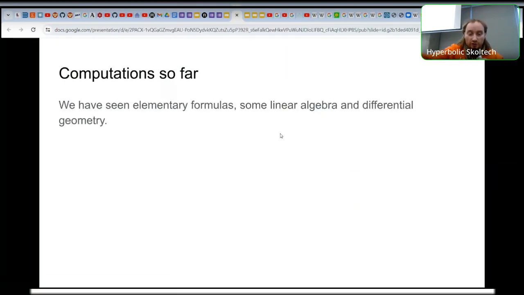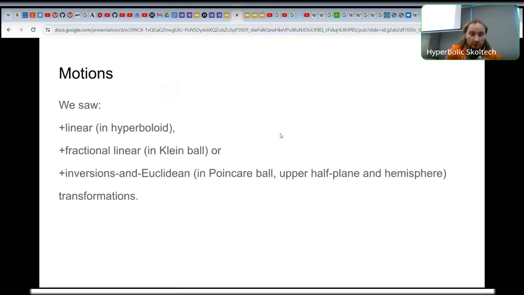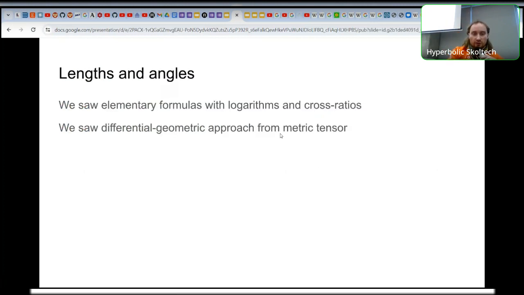So computation so far, we have seen some elementary formulas, some linear algebra and differential geometry. And for motions we had linear fractional formulas for hyperbolic, fractional linear for Klein-Beltrami, inversions and Euclidean motions for conformal models, and those are computed both elementary and with differential geometry.